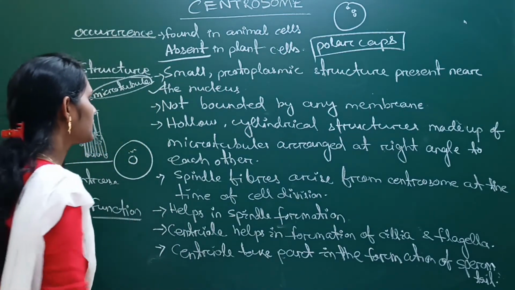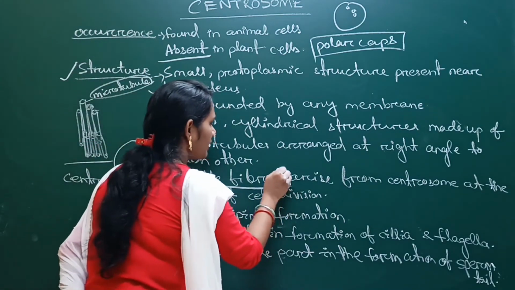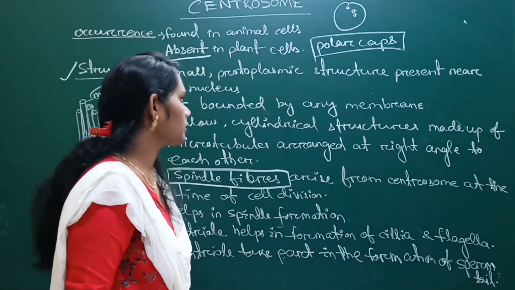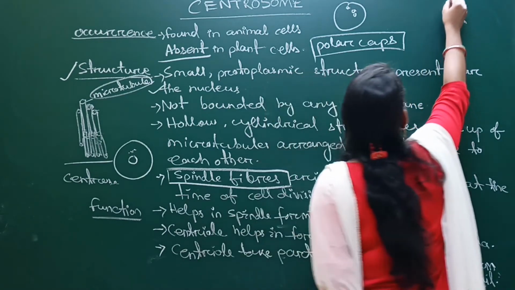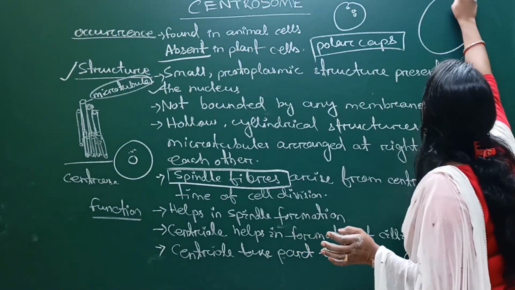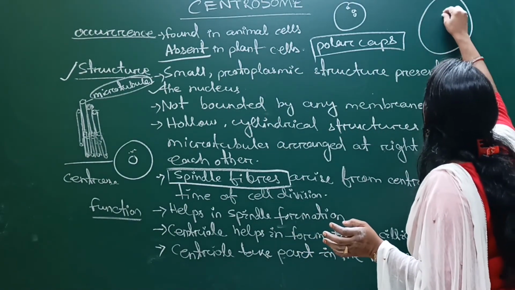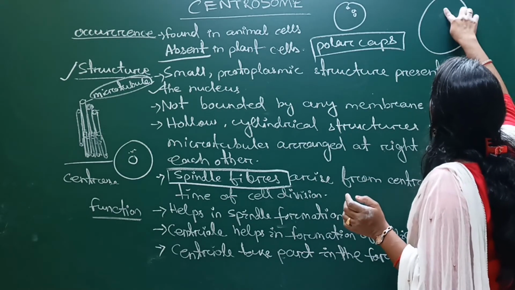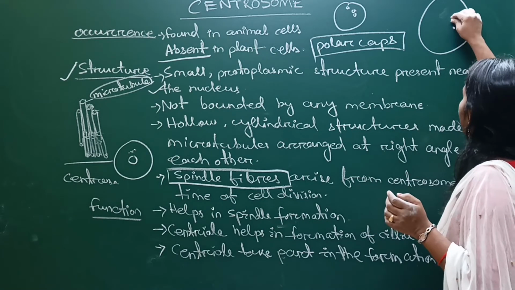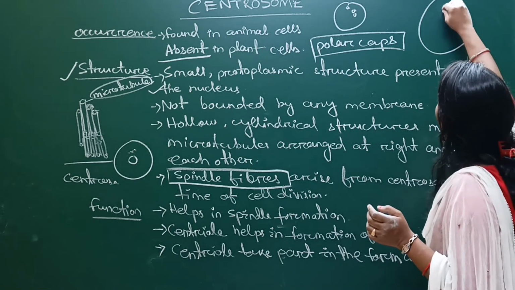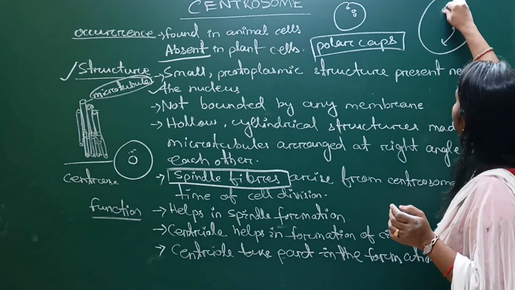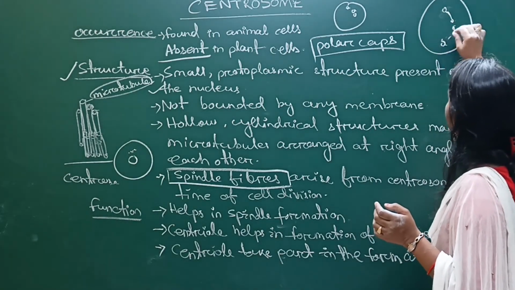Spindle fibers arise from the centrosome at the time of cell division. Suppose this is the cell, and this is the centrosome, and this centrosome divides into two centrioles. Gradually the centrioles move forward to opposite sides. Here is one centriole and here is another centriole.